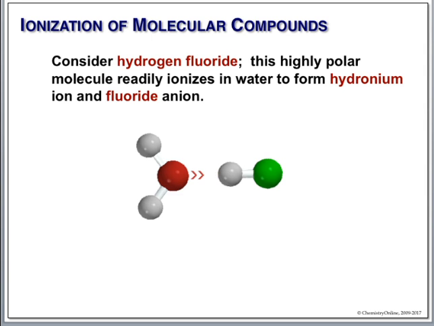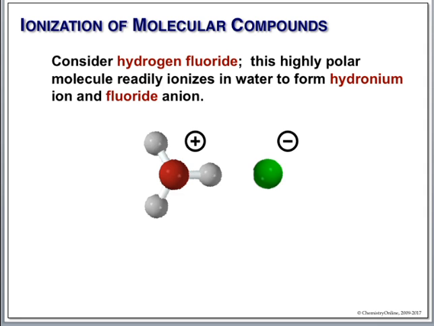Now remember, this involves breaking the covalent bond. We're breaking a bond, and we're going to transfer this hydrogen to the water. When we do that, we wind up with hydronium, H3O+, and the fluoride anion.